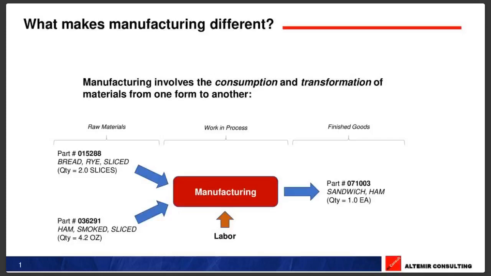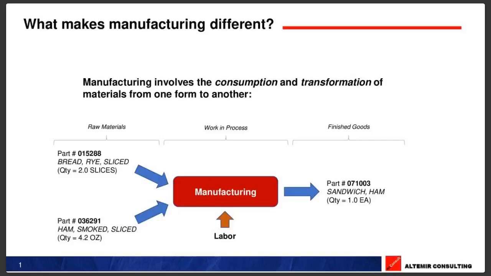So if you look at the graphic example here, you have two materials. You have bread and you have ham. And those two materials are being combined in the manufacturing process through the injection of labor to produce something that's completely different. In this case, a ham sandwich. So you see that the part numbers are different for all of these three materials.